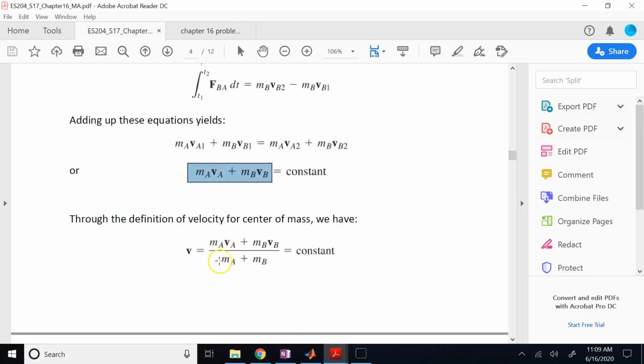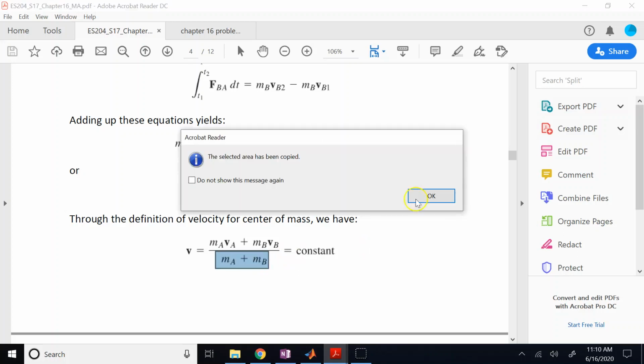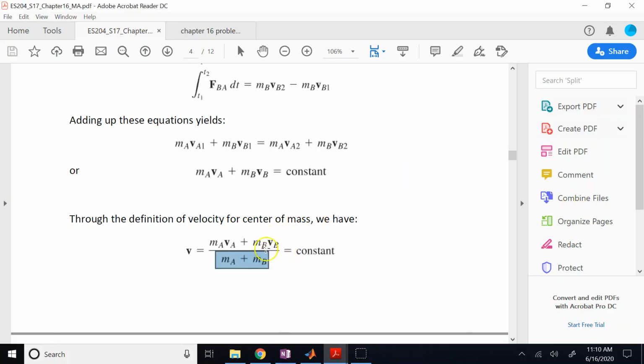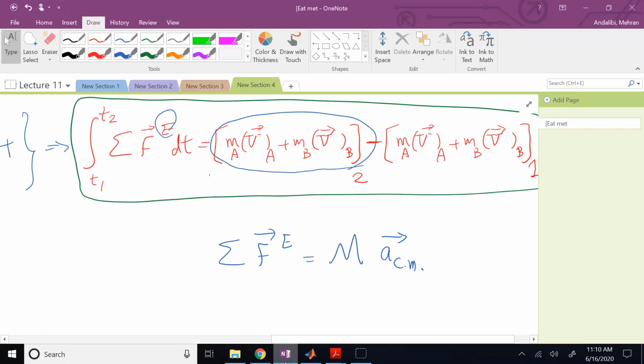Can I divide this constant number by the total mass of the system? Sure. What do I call it then? What is the total linear momentum of the system divided by the total mass? Yes, you are right. That is the velocity of the centroid, V of Cm, correct?